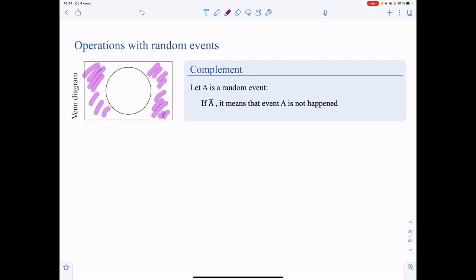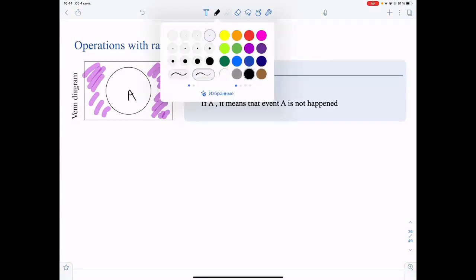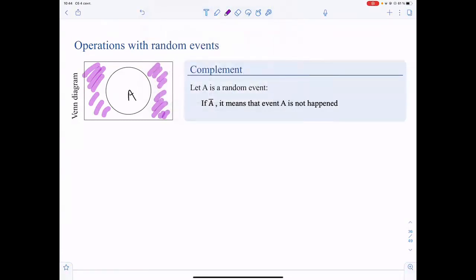If A is your random event, then A complement means that A never happens and any rest may happen, but not A.